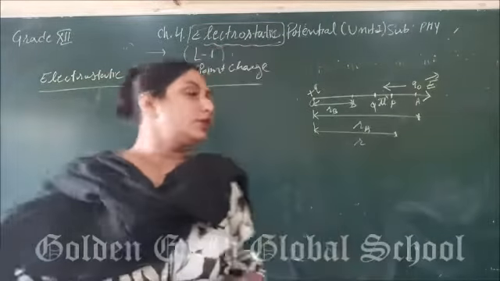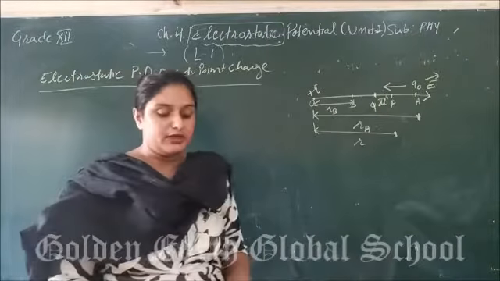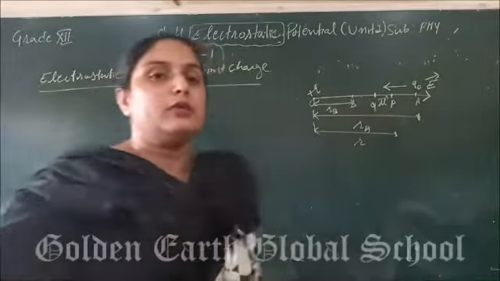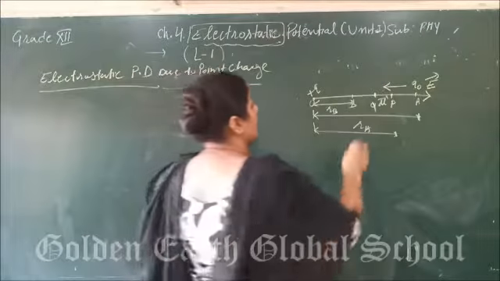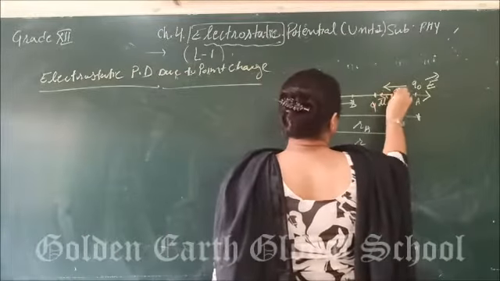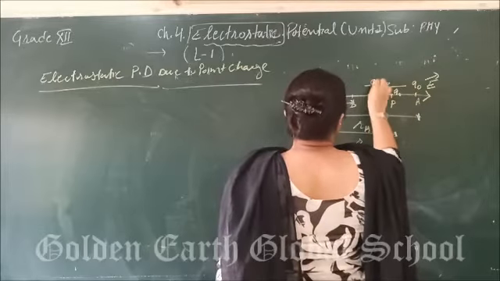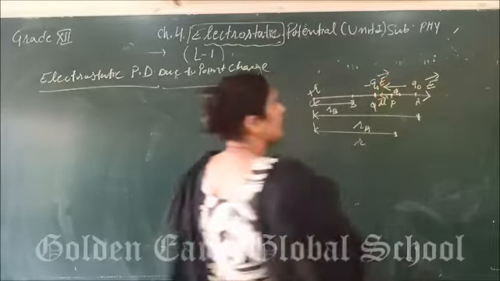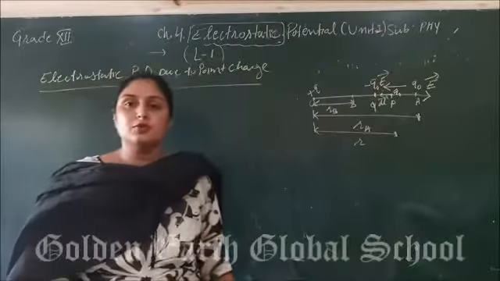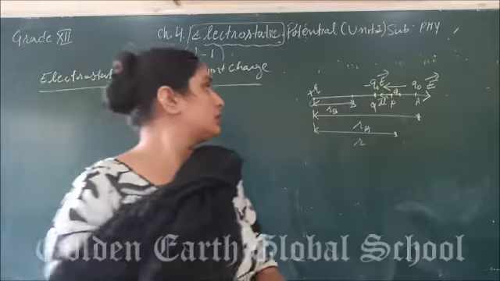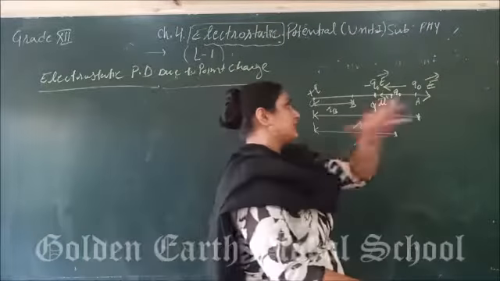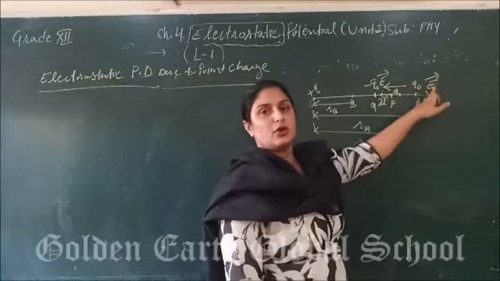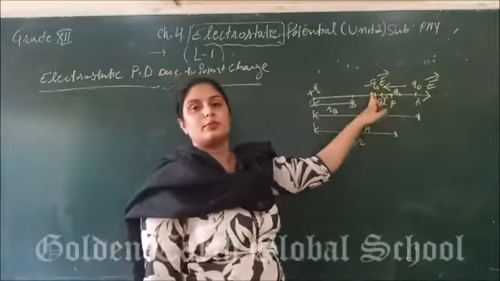Now you are going to calculate the work done from point P to Q. To calculate the work done, firstly you should know how much force you will apply. The force acting on the charge Q0 will be minus Q0 E, the applied force, because we have to move the charge Q0 opposite to the applied electric field, and in the direction of the electric field, the force existing is Q0 E. In the opposite direction, we have to apply this much force.